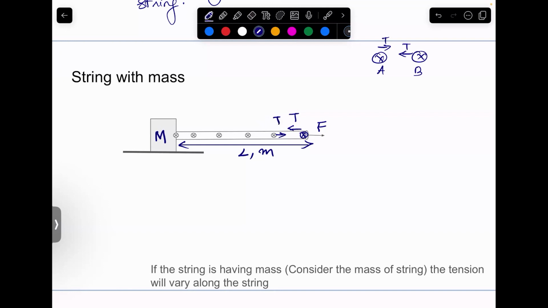And because of these equal and opposite forces, there will be a force here which is trying to resist the pulling by T. Now, let's consider this point here. We want to check the force here, right? So how will we apply the second law? Net force equal to T1 minus T is equal to mass times acceleration.